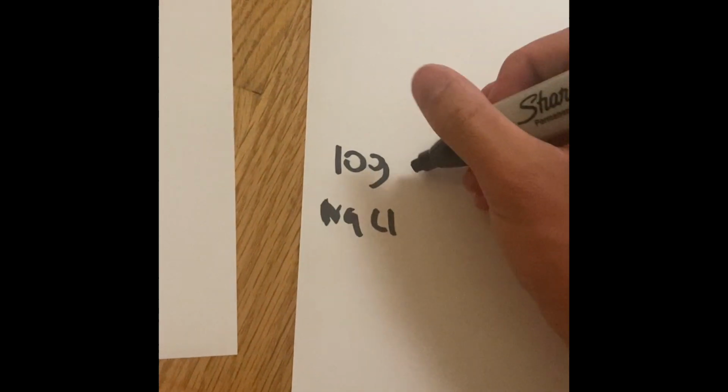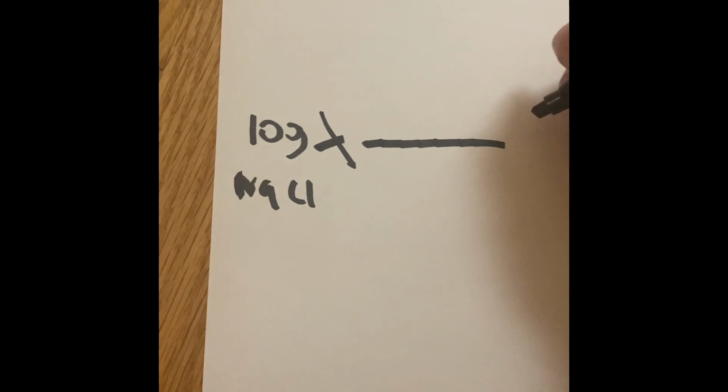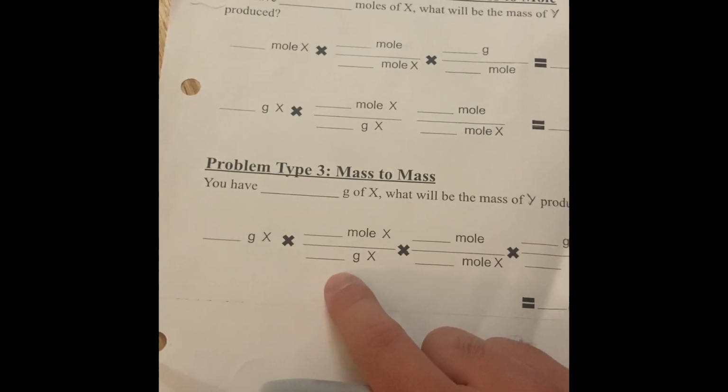We are given 10 grams to start out with. Let's multiply that by our very first molar mass. So we have to find what the molar mass of NaCl is. If we do that, we'll proceed to compare the compounds.